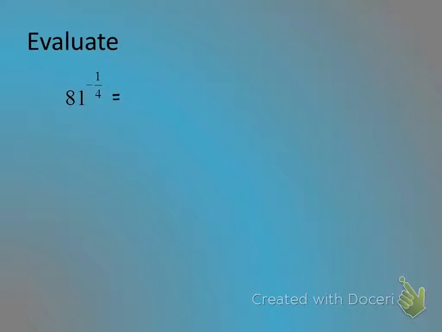How do you change exponents from negatives to positives? Think back. You flip it down. 1 over 81 to the 1/4 from chapter 5. Only difference now is it's a fraction that's there.